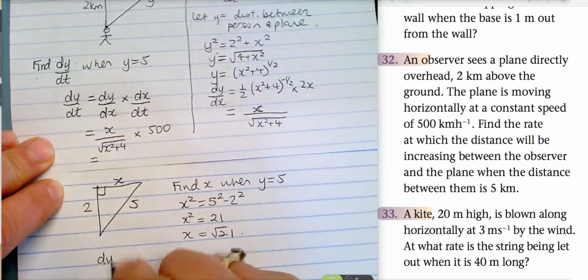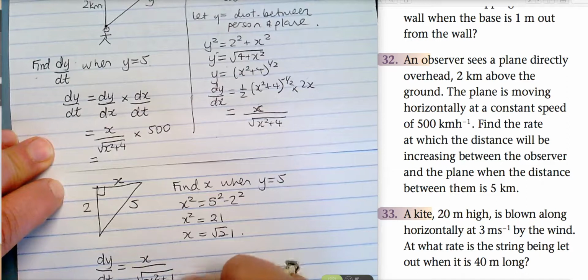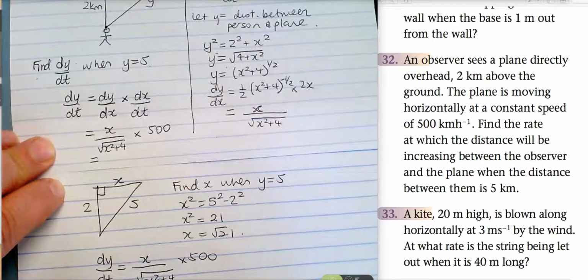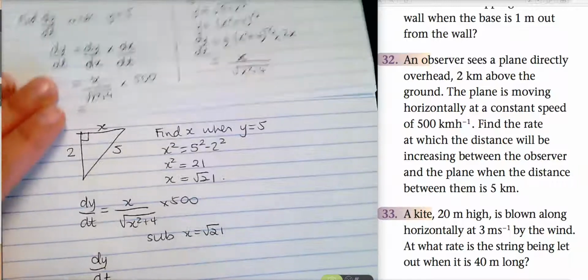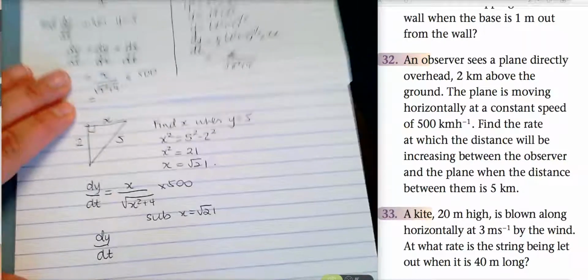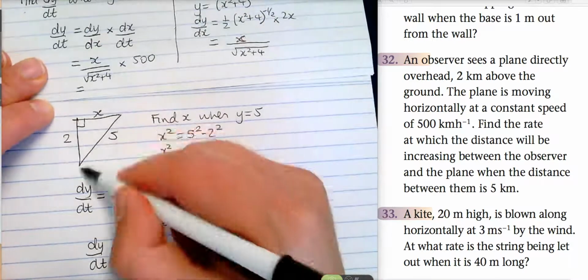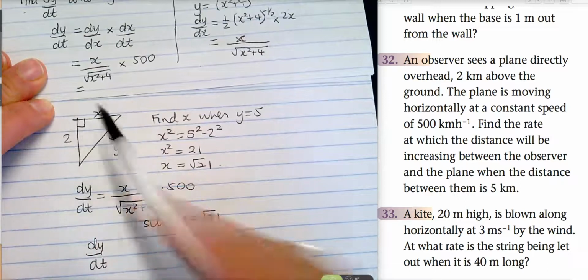So dy/dt is x over the square root of x squared plus 4 times 500. We sub x is the square root of 21 into that formula. Does that make sense? We didn't know what the x value was, but we come back to the right angle triangle because this is y. So when y is 5, you can work out what x is.